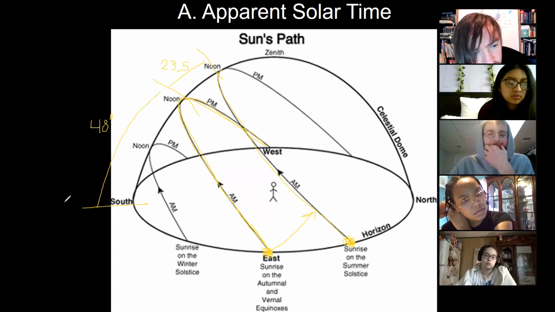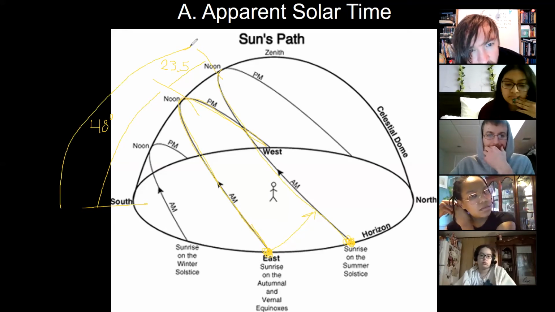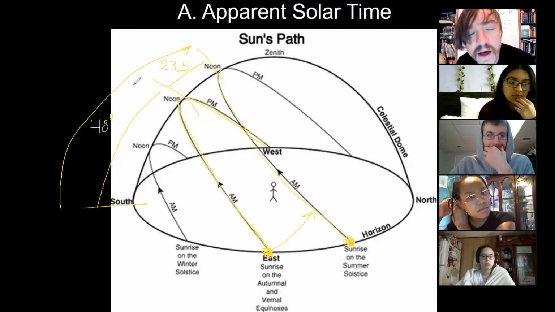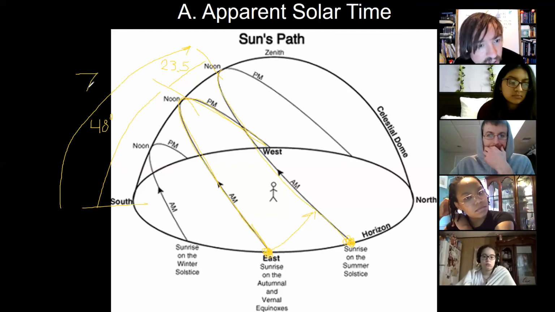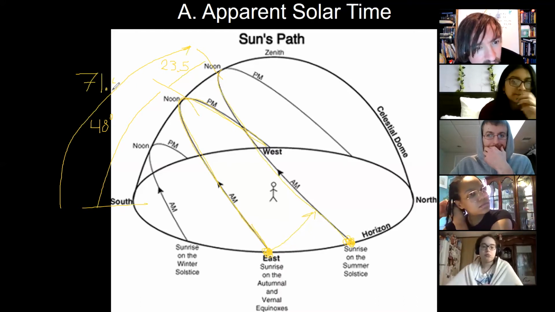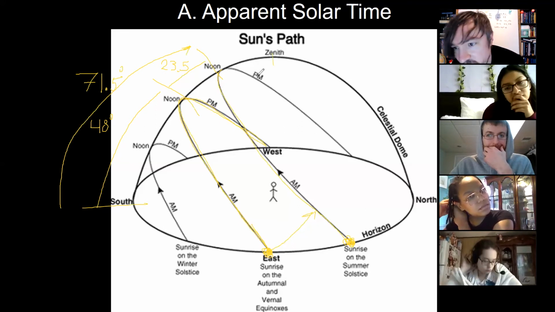And if you add those two together, in Rhode Island, the highest the sun can ever get at noon on the summer solstice is a maximum altitude of 71.5 degrees in the sky. Now that's pretty high up there, but it's not at the zenith.